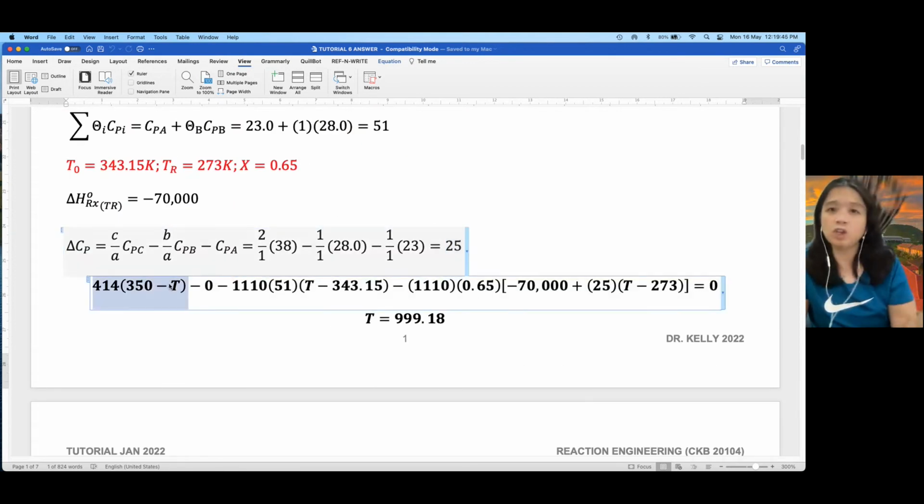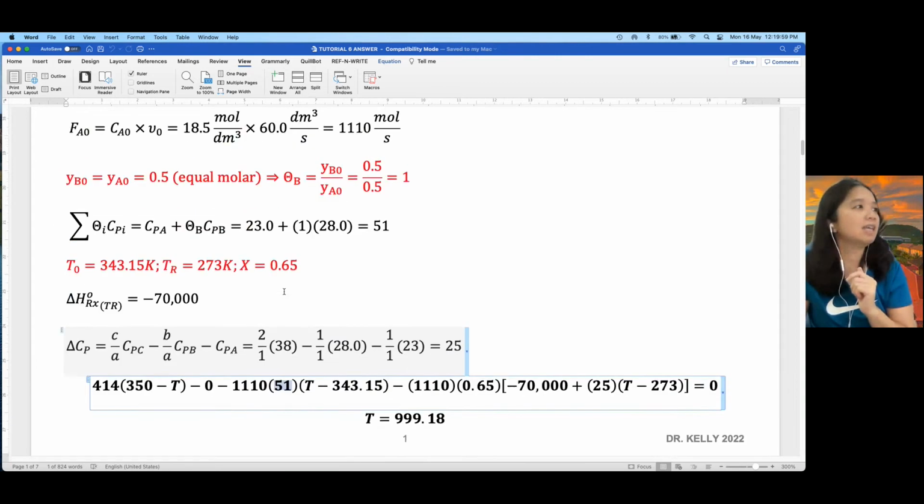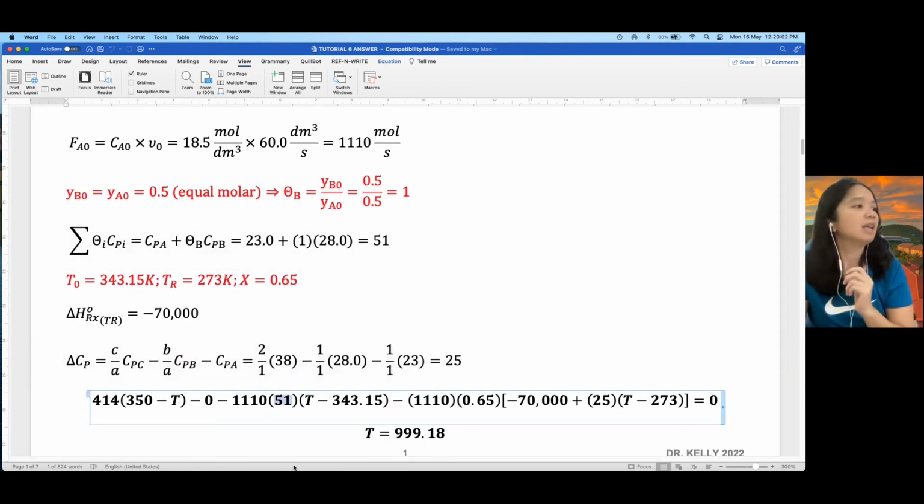So you have the Q, 414, in bracket 350 minus T, minus WS 0, minus FA0 1110, multiplied with your summation theta I CPI, which is 51, in bracket T, I want to find, so I leave it, minus T0 343.15, minus FA0 once more 1110, X 0.65, in bracket heat of reaction negative 70,000 plus delta CP 25 in bracket T minus TR.